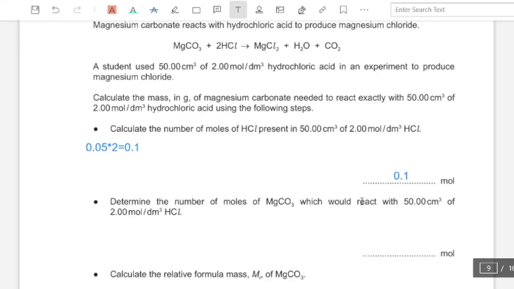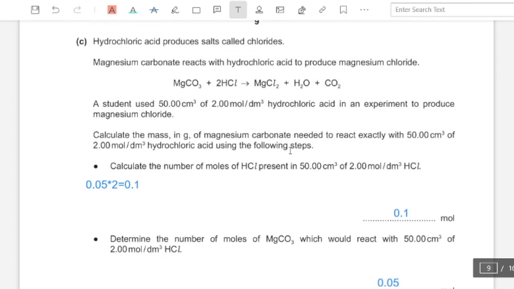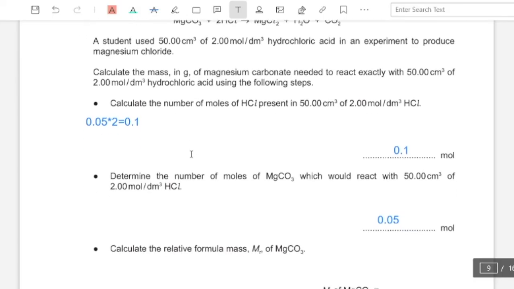So in this situation, we're going to be having half the amount of magnesium carbonate as hydrochloric acid. So we had 0.1 moles of hydrochloric acid over here. Dividing it by 2 or making it half gives us 0.05 moles.